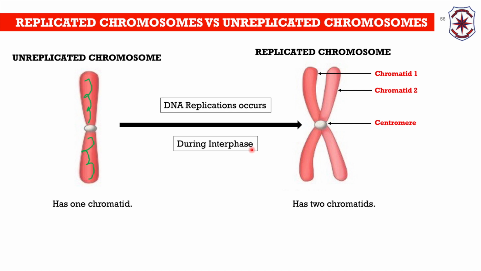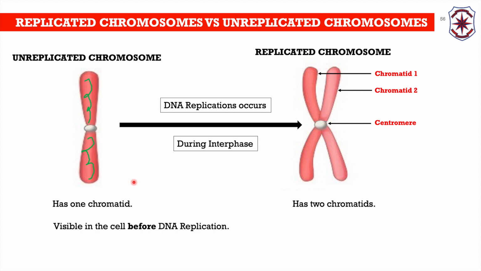Remember, we said phase means the period in time. So the process is DNA replication, and the phase or the period in time is called interphase. So this one chromatid makes a copy of itself and now we have two chromatids. This would be the original chromatid, and this will be the copy chromatid.